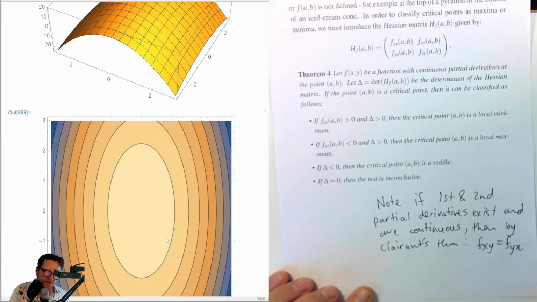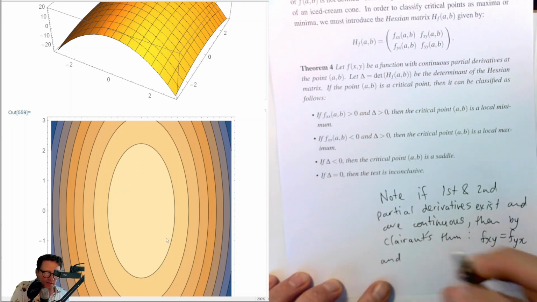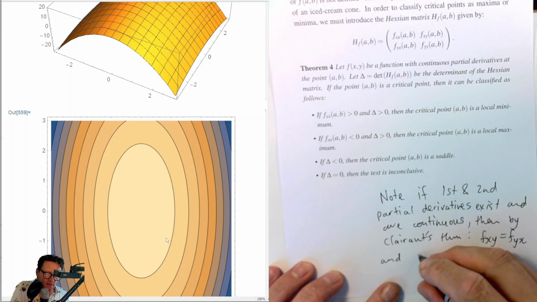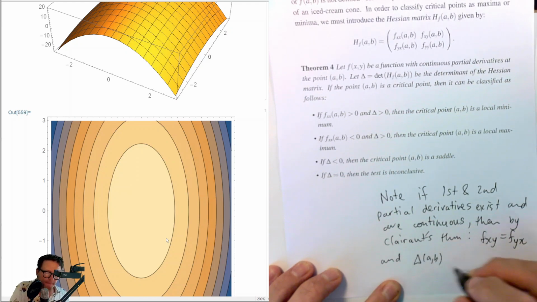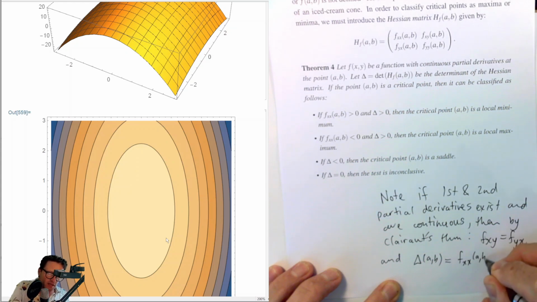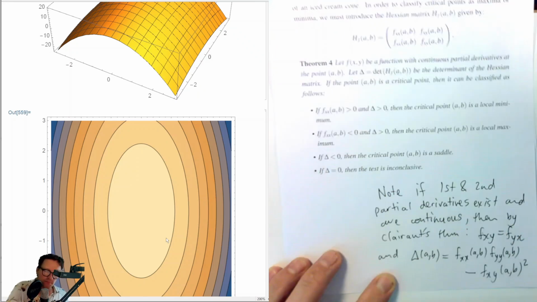So those two derivatives are the same in that case, and then what we would get is the determinant of the Hessian matrix at the point (a, b) is equal to f_xx at (a, b) times f_yy at (a, b) minus f_xy at (a, b) squared, right? Because these two would be the same.